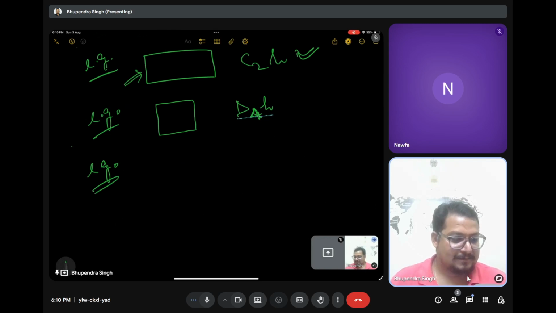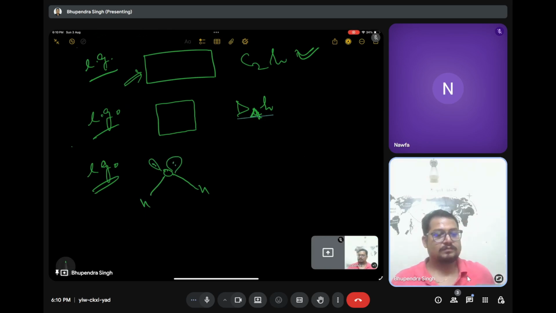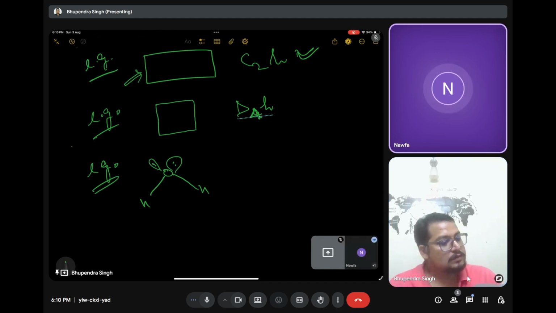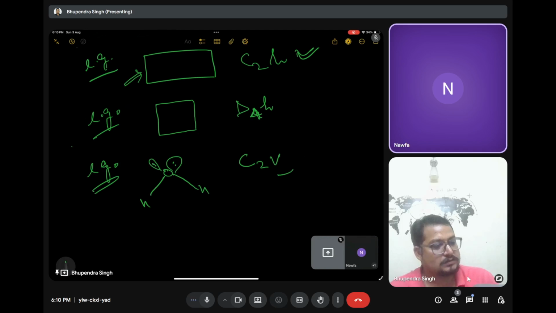Now, point group of this molecule, water. Yes, C2.